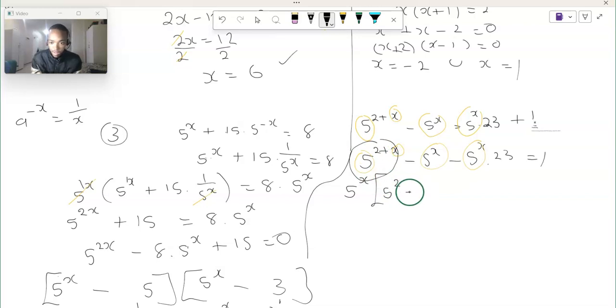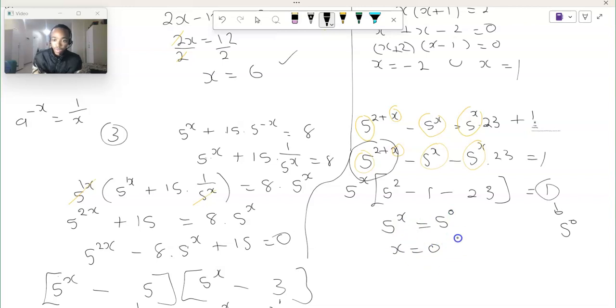So here you basically have -1, then here you got 23, and you plug this on your calculator. So this is 25 minus 3 is 2, minus 1 is 1, therefore you got 5x equal to 1, which we change to 5 to the power 0, so x should be equal to 0.